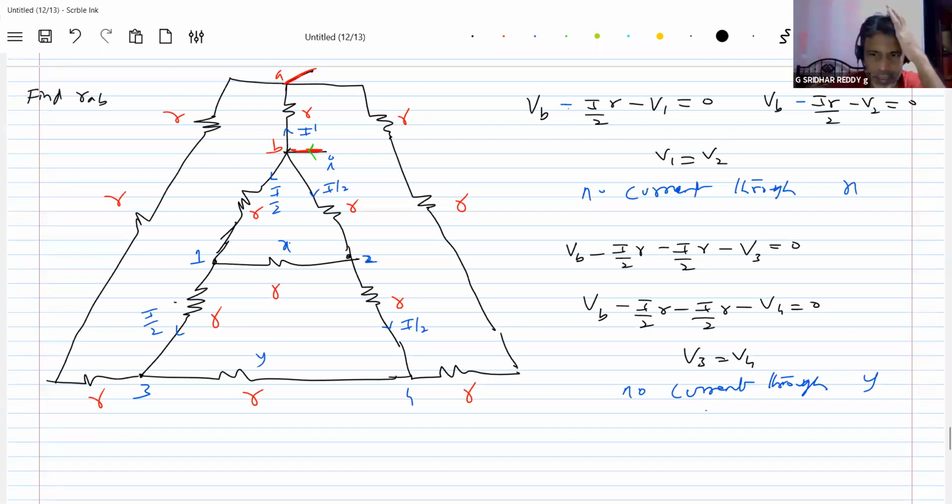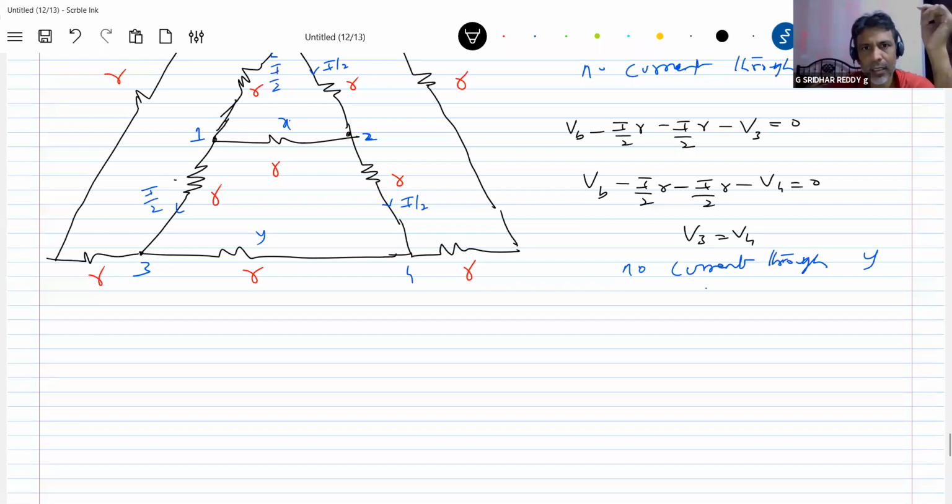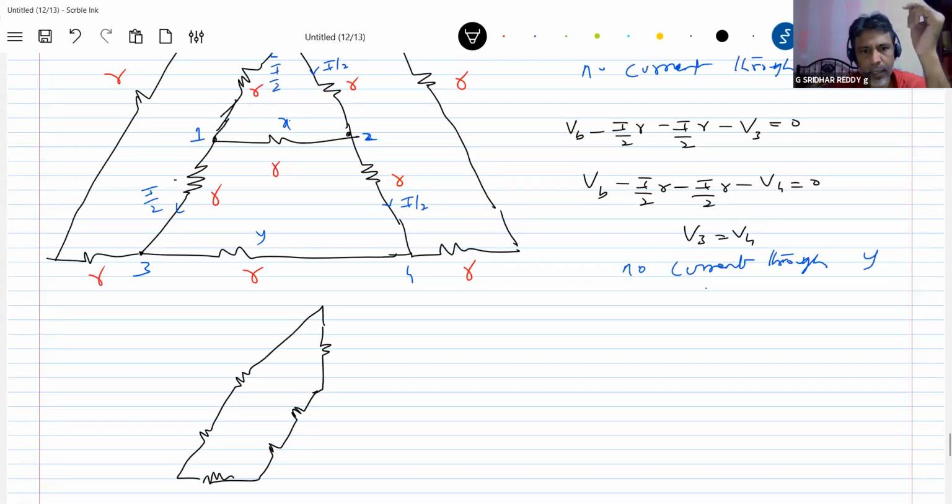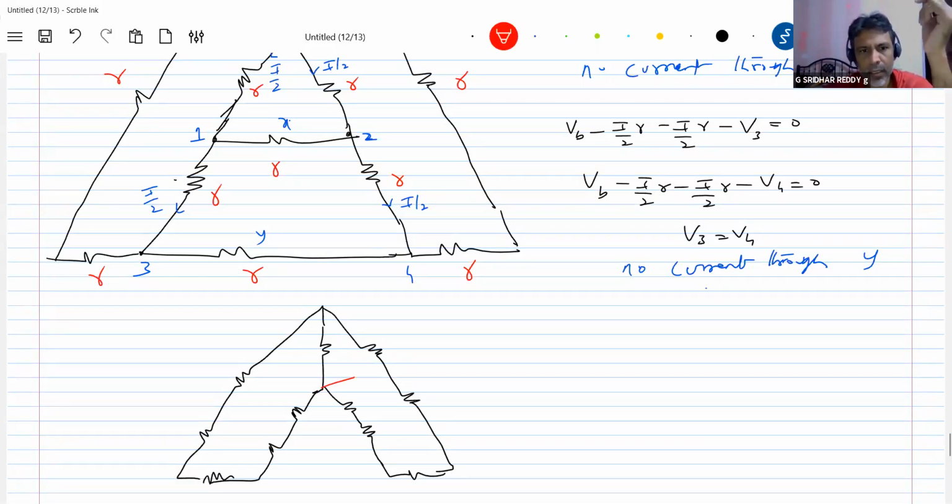No, there is no resistor there. If I remove that resistance, it becomes a simple series-parallel circuit, no? Once I remove that resistor, the circuit will appear as a simple series-parallel one. This will be much easier, no? The current we assumed enters here, and the same current has to leave from here.